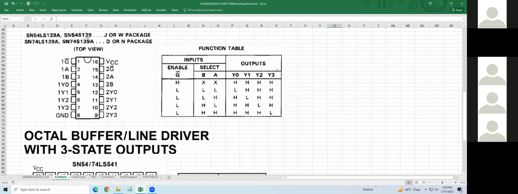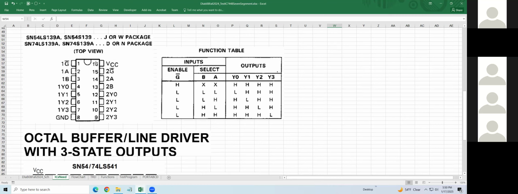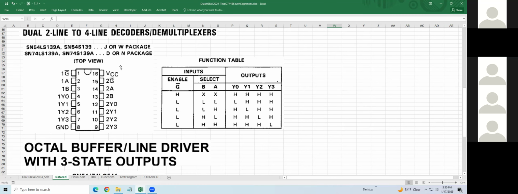The 139 will be a decoder. You can see that in the table. Enable: if it's high, they don't care what input A, B. All of the outputs must be high.